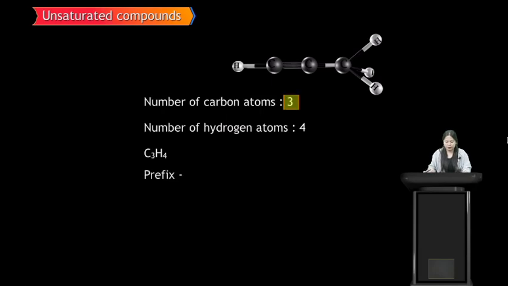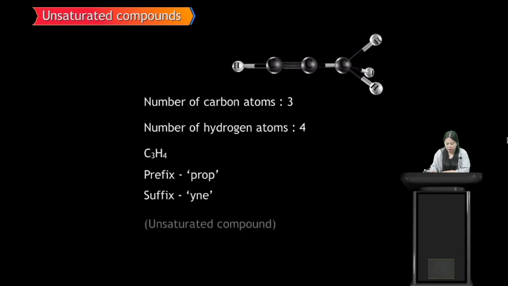Now, what will be the prefix? It contains 3 carbon atoms, so the prefix will be prop. Now, suffix. This contains a triple bond, so it is an alkyne. So the suffix will be YNE. So this is also an example of an unsaturated compound, and the name of this unsaturated compound is propyne.